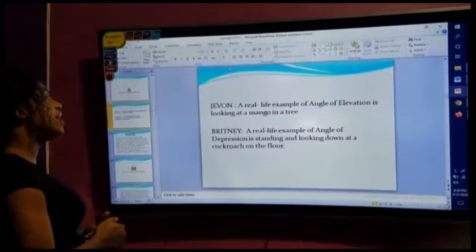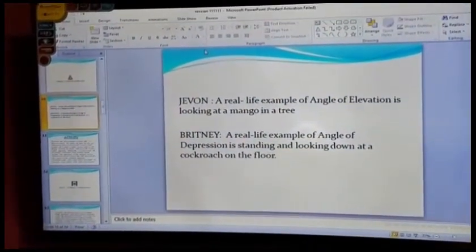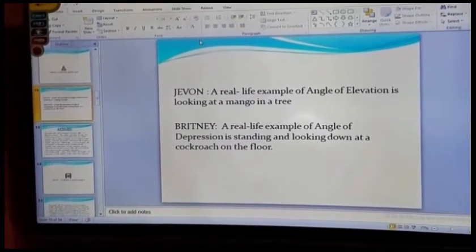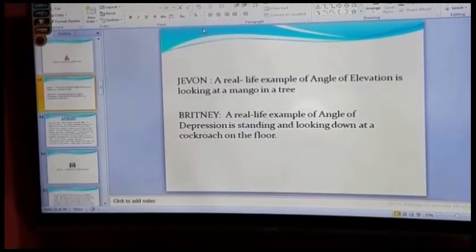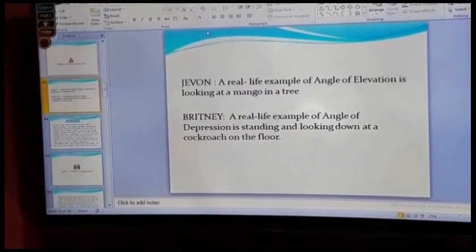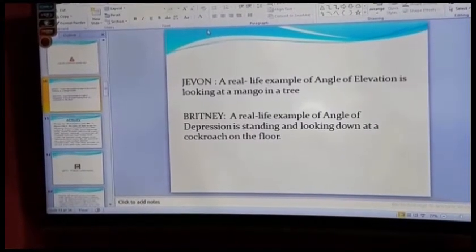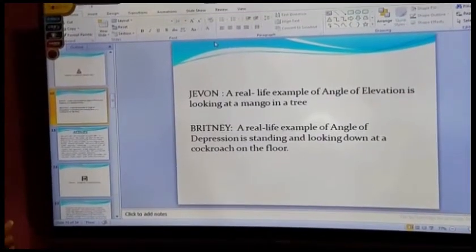A real life example of angle of elevation is looking at a mango from the tree. Very good. And Brittany, can I hear yours? A real life example of angles of depression is standing and looking down at a cockroach on the floor. Okay, alright.